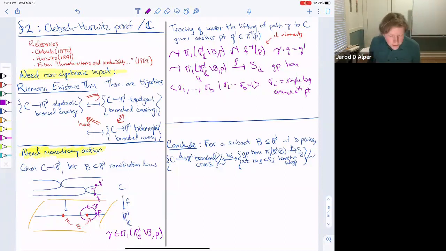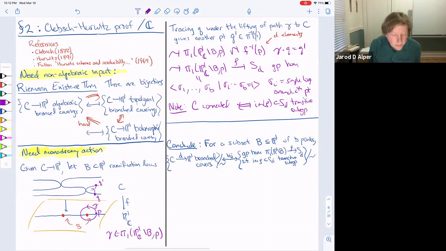And then an important fact about this bijection between coverings and maps from the fundamental group to the symmetric group is that C is connected if and only if the image of rho in S_D is a transitive subgroup.